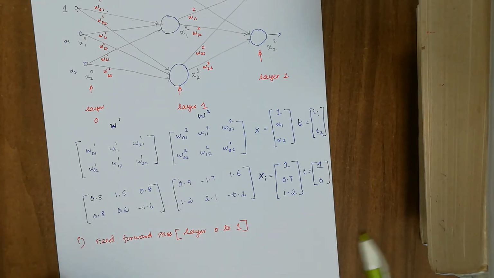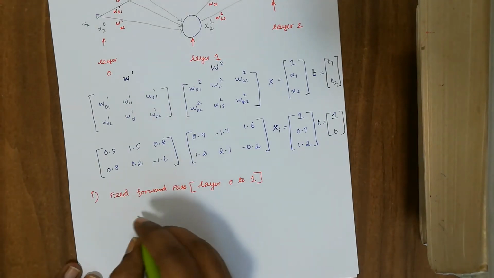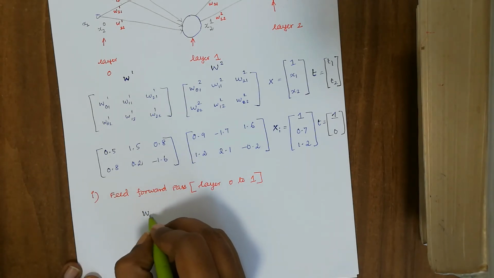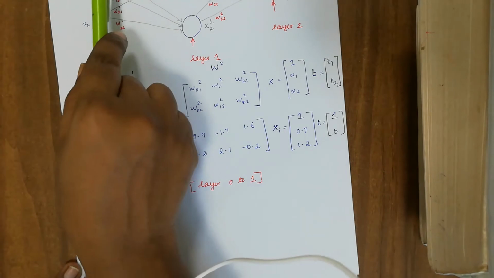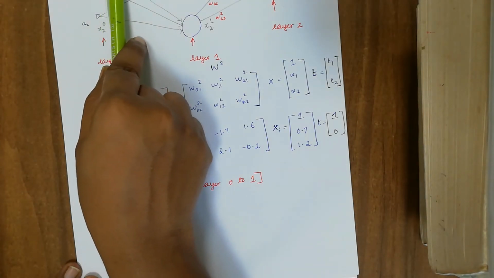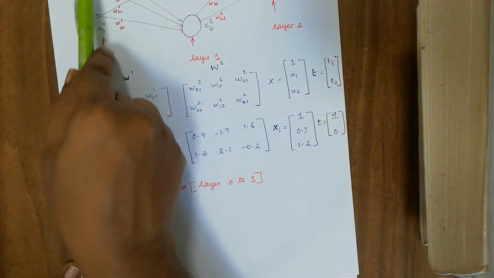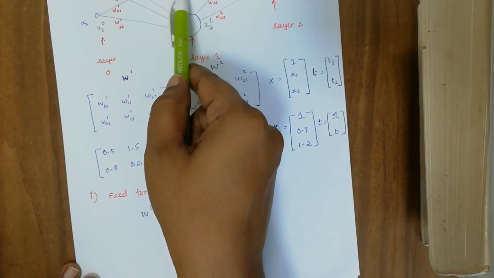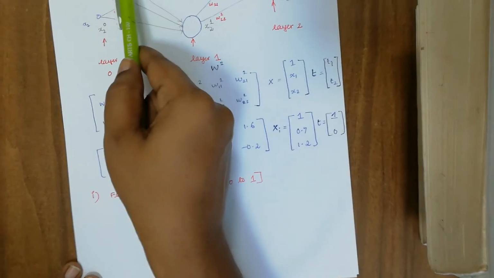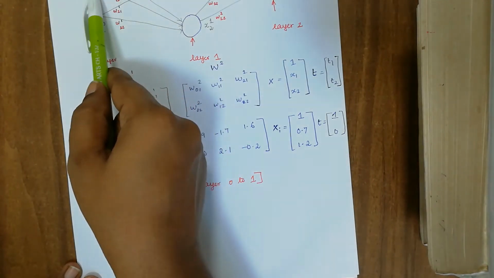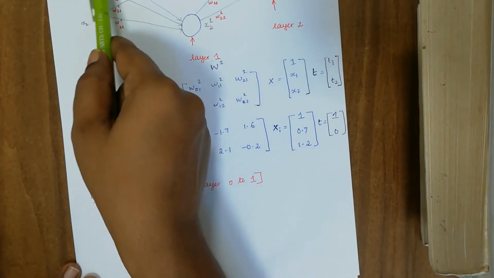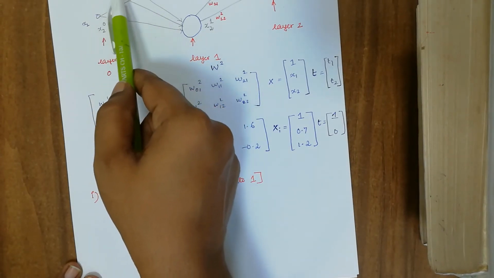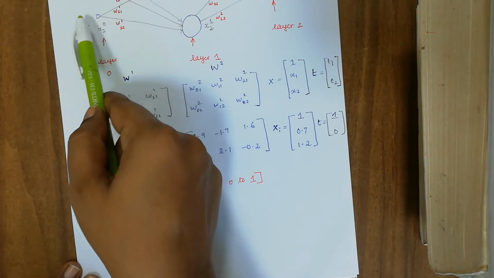What we have to do in the feed forward pass is take the whole vector in the form of matrix W1. This has to be multiplied with its corresponding x values. Linear combination of all these weight vectors and the corresponding x value has to be multiplied.